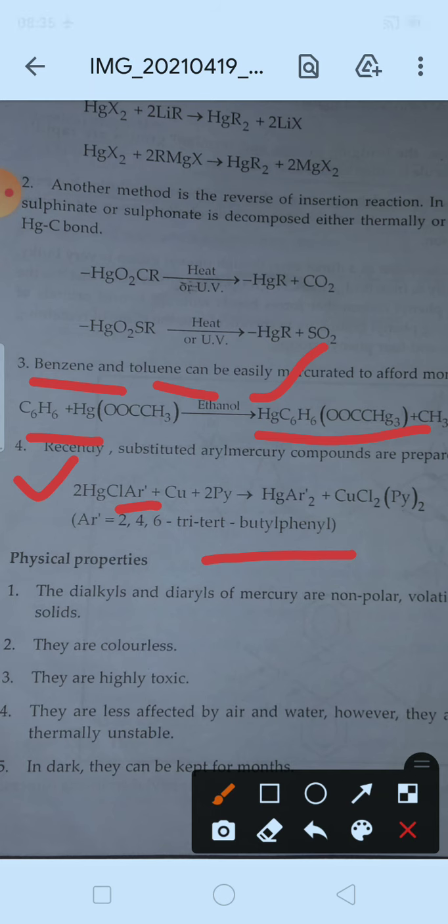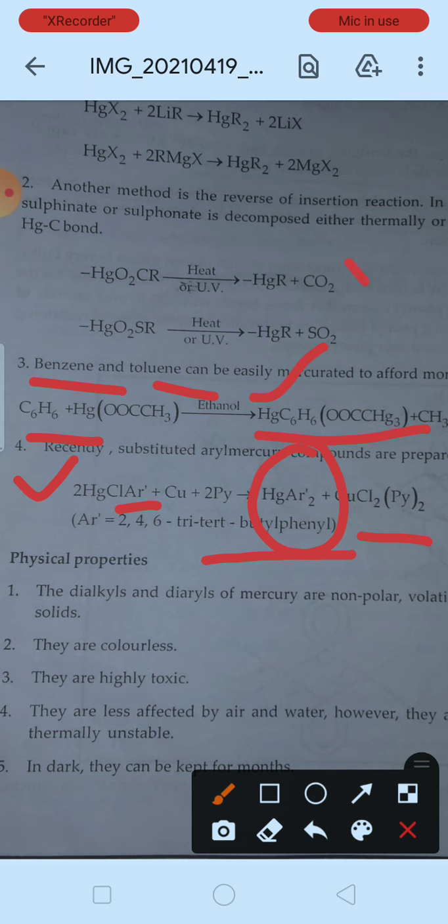So HgCl Ar, the aryl compound, is treated with copper, Cu, and Py means pyridine. Here we are getting the aryl compound of mercury, and these are the byproducts. In this way mercury is forming different alkyl and aryl compounds in different ways.